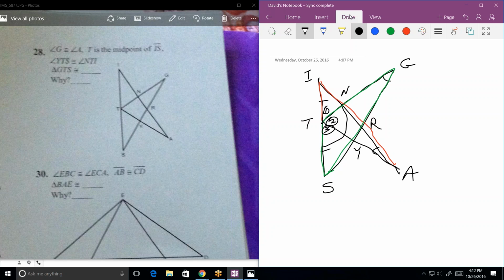And what they've told us is that angle 1 is congruent to angle 3, right? Which means if 1 is congruent to 3, then 1 plus 2 has to be congruent to 2 plus 3. By which property is that?